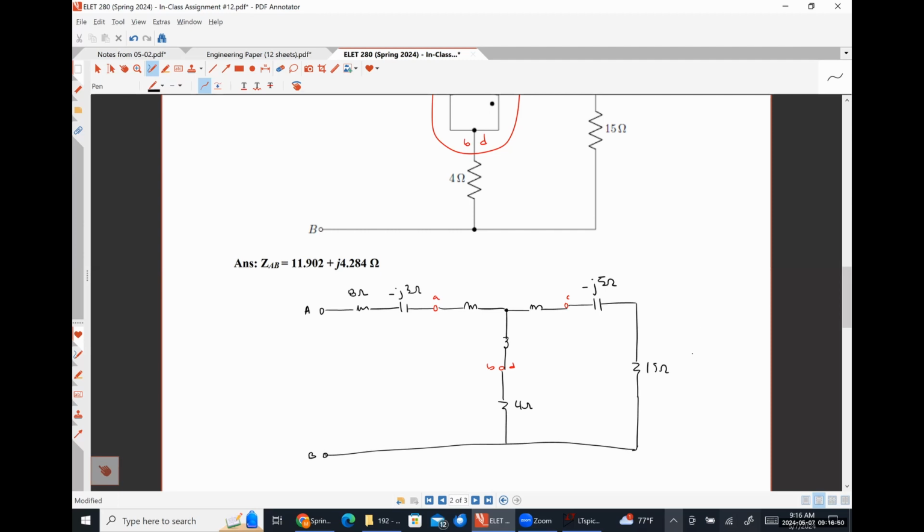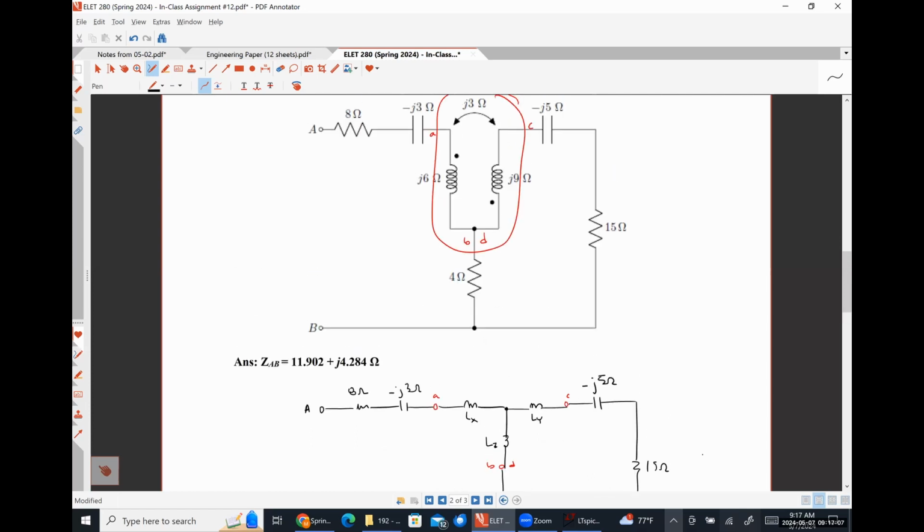All right. So this guy right here is playing the role of Lx, this guy is playing the role of Ly, and this guy is playing the role of Lz, based on where it's connected between the terminals that I have defined. Notice that our dots are on opposite sides.